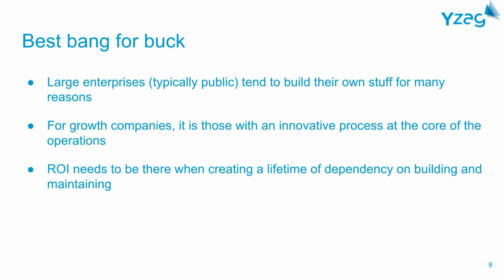In order for the ROI to be there, your operation needs to be unique in such a way that the system powers your operation and allows you to scale at such a great pace that the software makes sense and there's a good ROI. And that is the reason why a large enterprise, even though they don't have any sort of innovative process at serving sandwiches, can still justify building their own software.